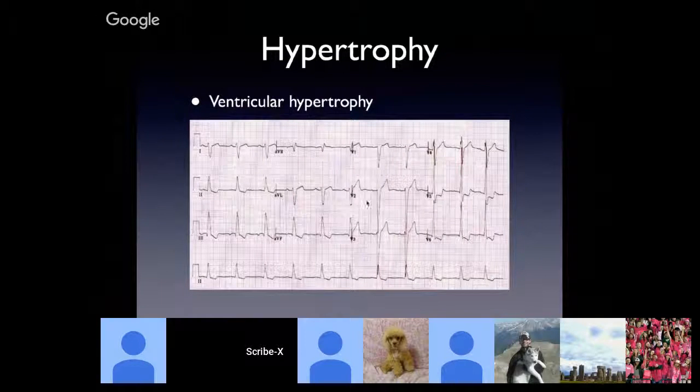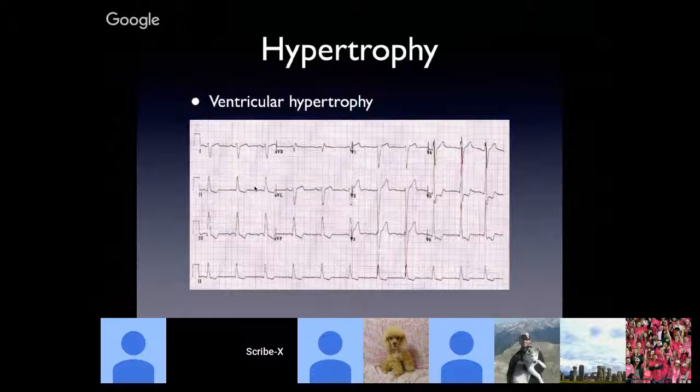If you have a big, thick left ventricle, you're going to get big, tall QRS complexes, because all of those extra myocytes that have developed to propel blood throughout the body give extra voltage relative to normal hearts in other people. So ventricular hypertrophy, as demonstrated here, is interesting.